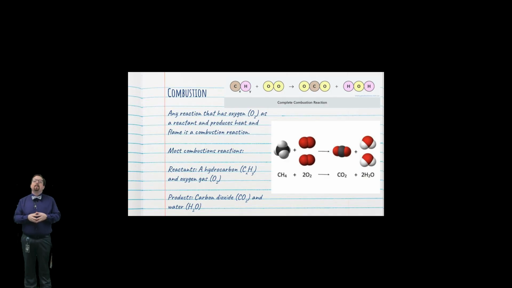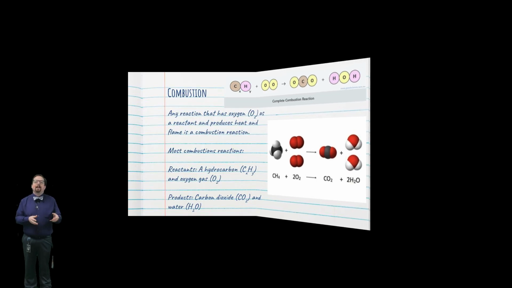The products are usually carbon dioxide and water, but not always. When the other reactant besides oxygen is a hydrocarbon, then the products will for sure be CO2 and H2O. You can remember this one because combustion is like fire, and 2 of the 3 requirements for fire is that we have oxygen present and some other fuel source, the other reactant.